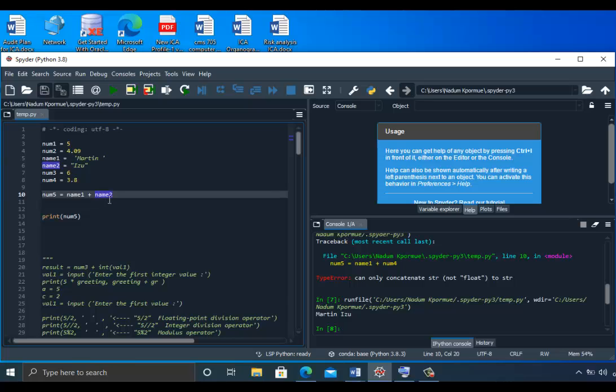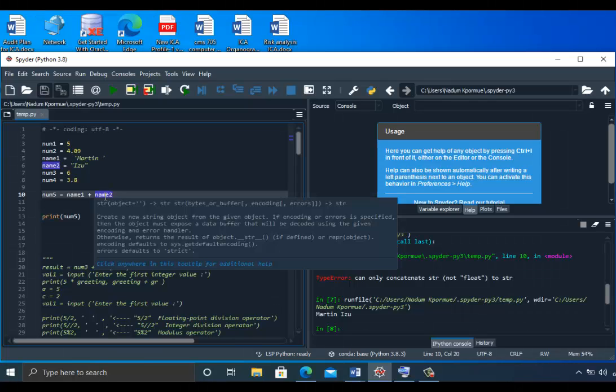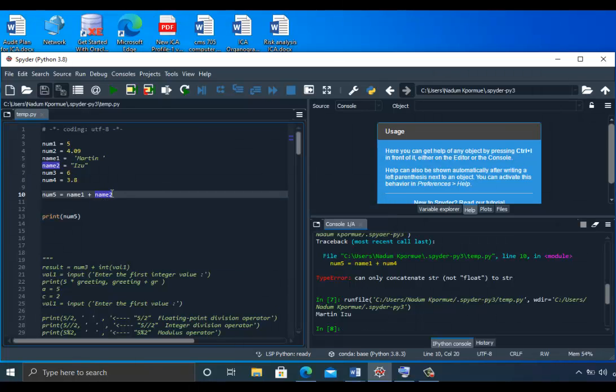You should not add a string with a floating point or an integer, because the interpreter is going to throw an error at run time.